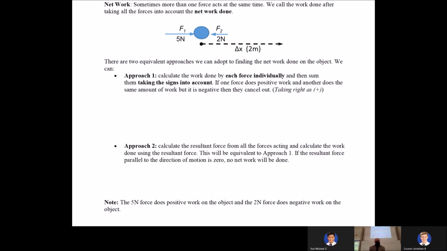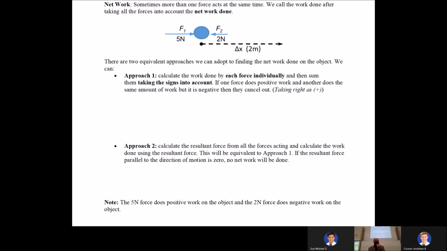For approach 1, you take the x to be negative? No. You get the negative from the angle. If you do take it as negative, then you're going to get a negative and a cos 180, and that's going to give you a positive answer, and it mustn't be. It must be negative. So you don't put it in as minus 2 newtons. Put it in as 2 newtons.